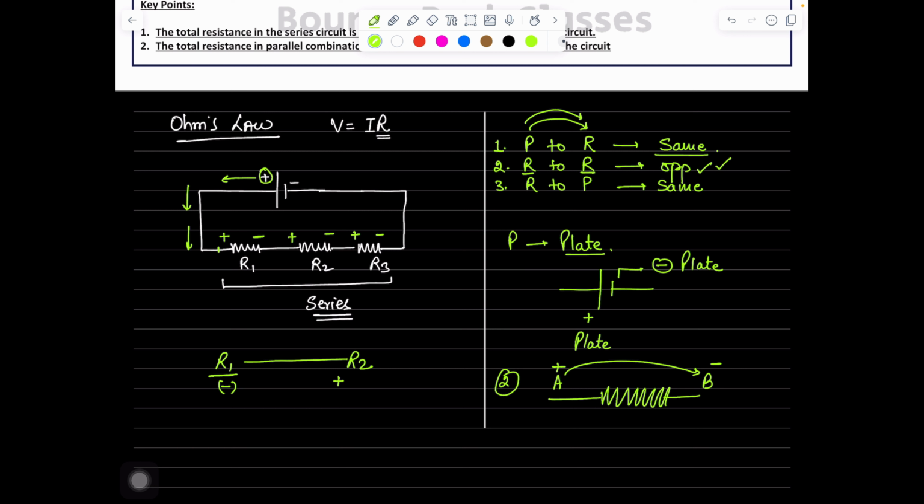From here, negative. Now this is your R, and you are moving towards the plate. R to plate, the value remains the same. Clear?